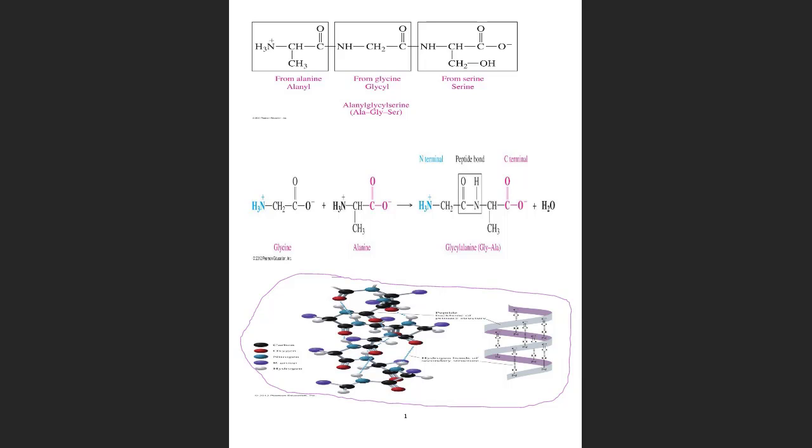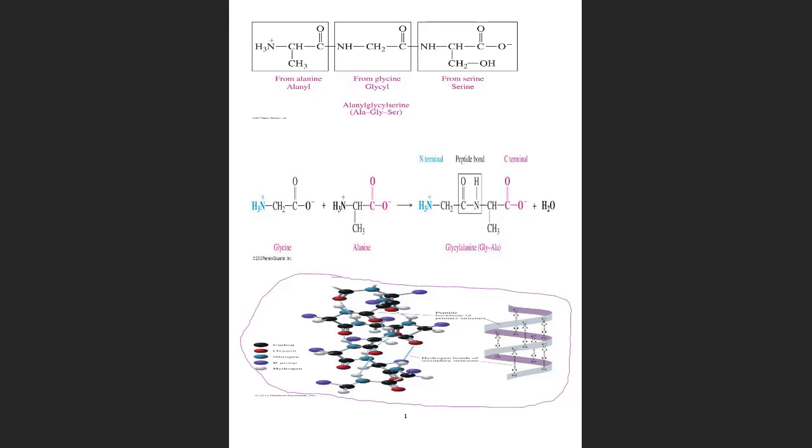And there are 4 levels of protein structures. Remember that we have 4 levels of protein structures. The first level is the primary structure.